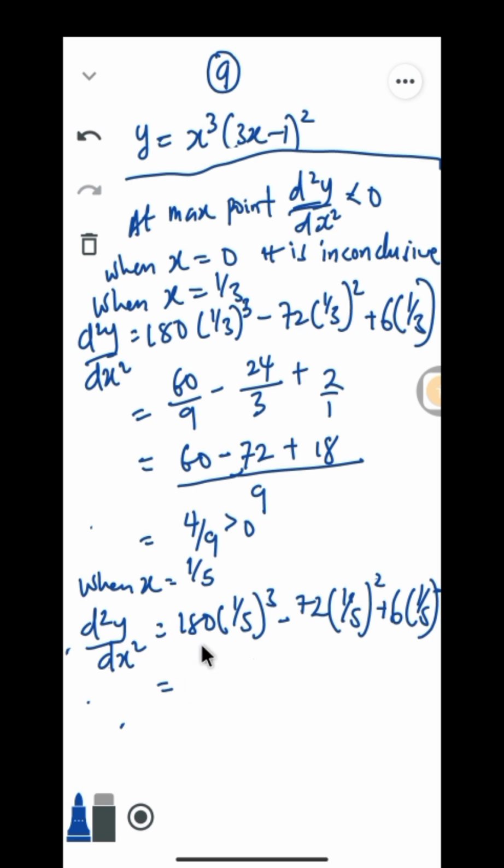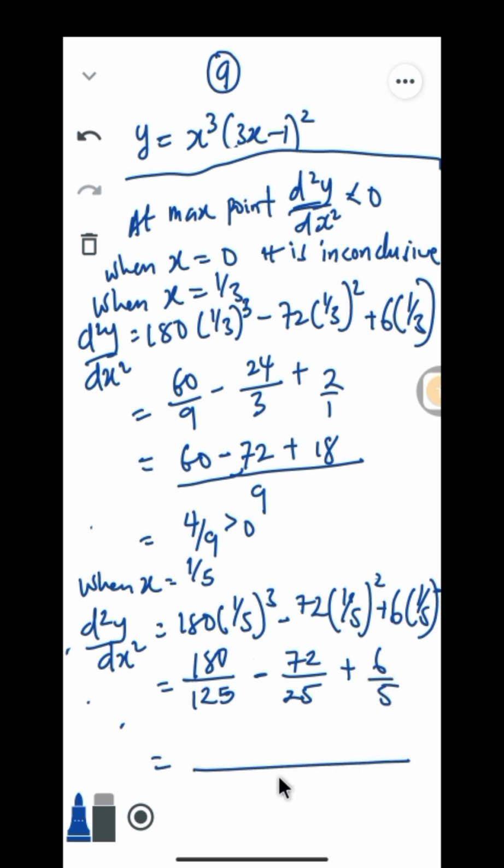All right, so this should give us 180 over 125, if I'm not mistaken, minus 72 over 25, plus 6 over 5. We know here that the LCM is 125.